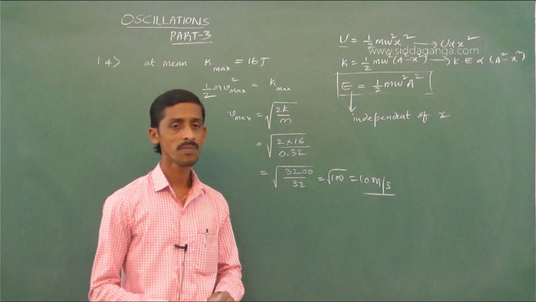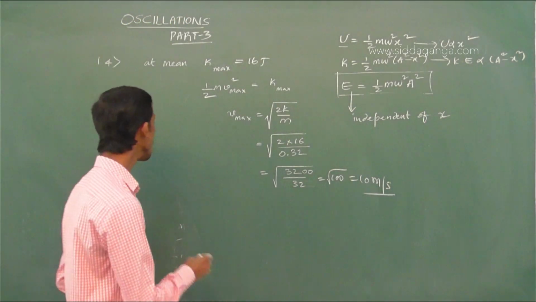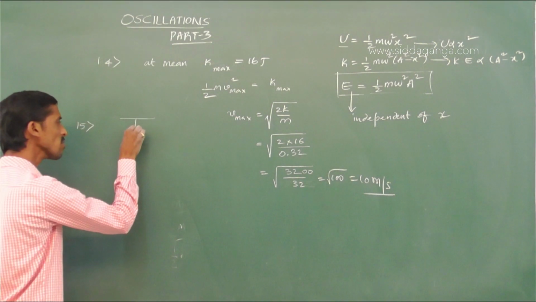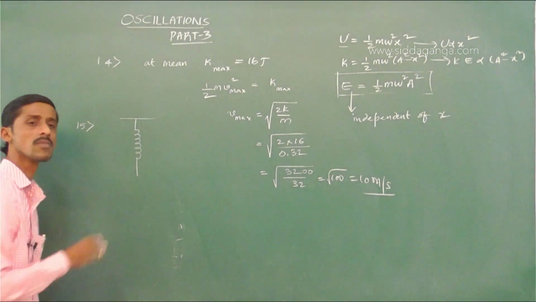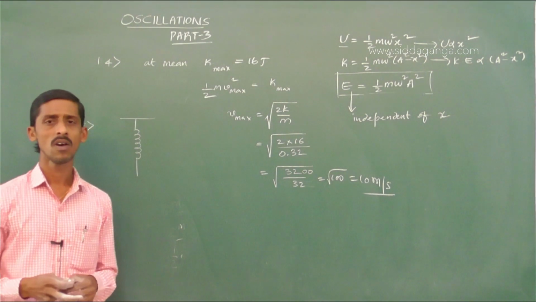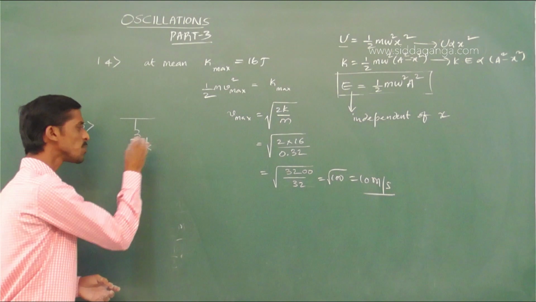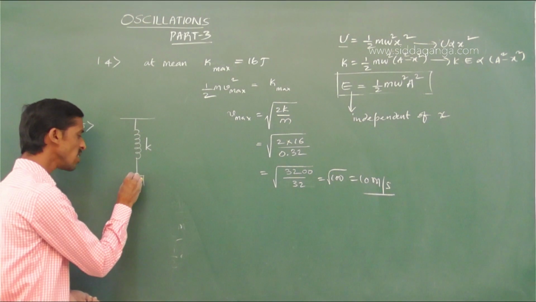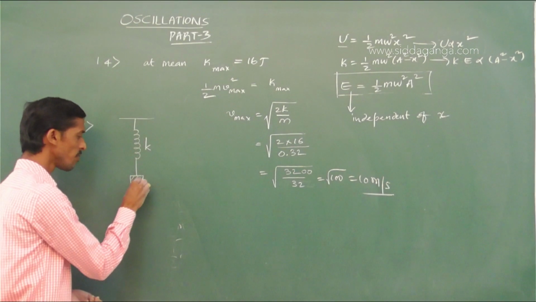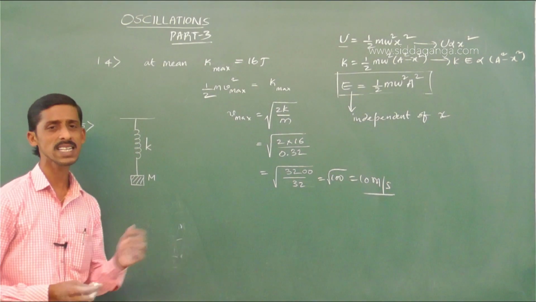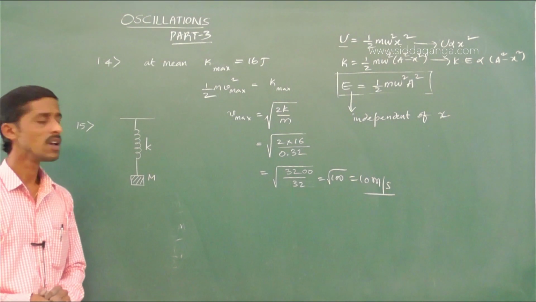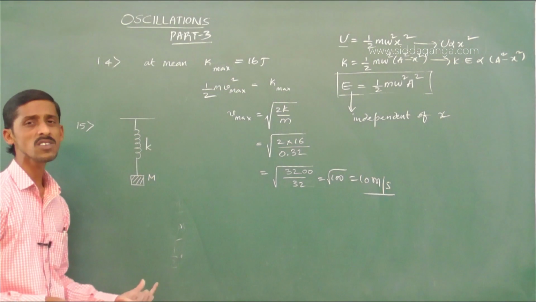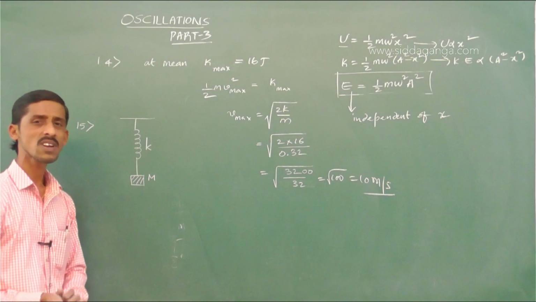See, a spring is there. The spring constant of the spring is k, and a mass M is connected to it. Due to this mass, the spring is stretched by a distance L.